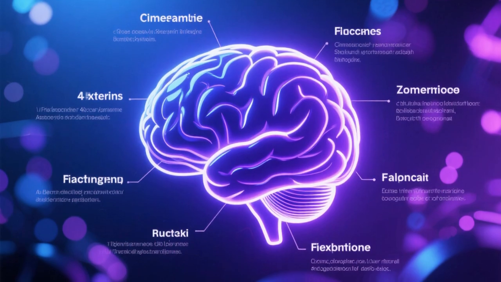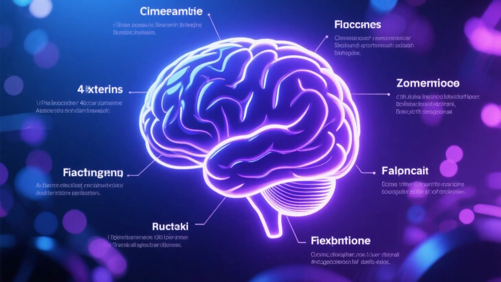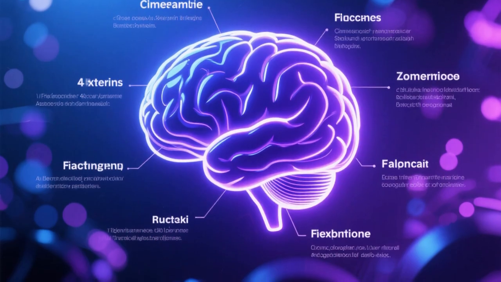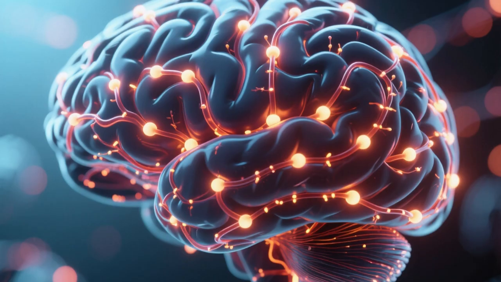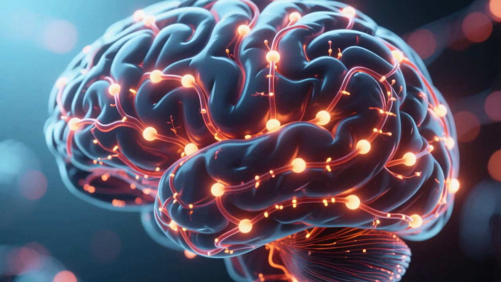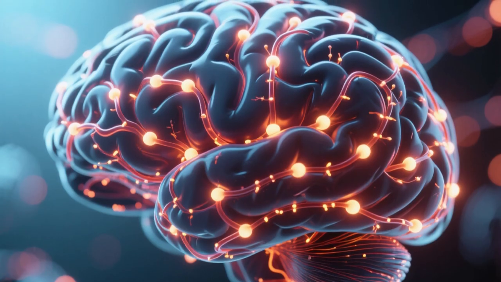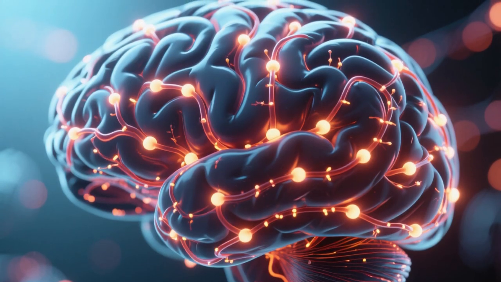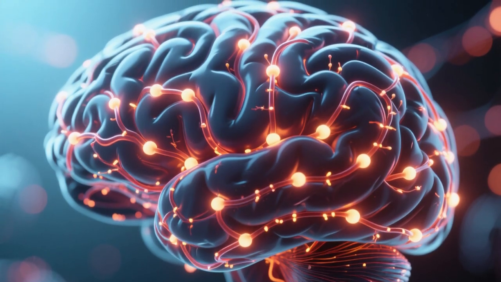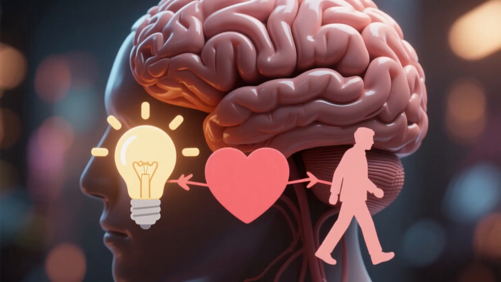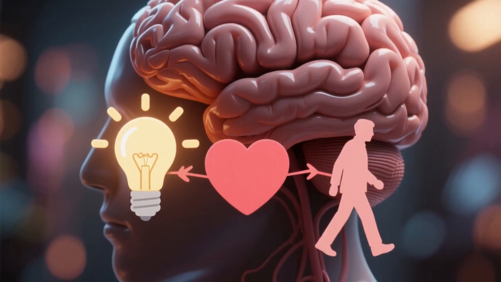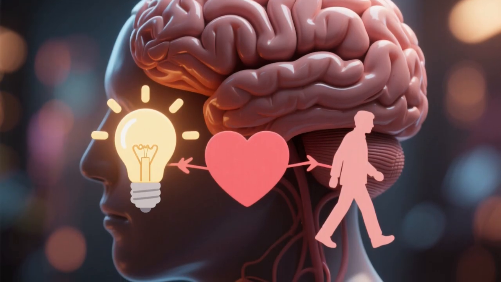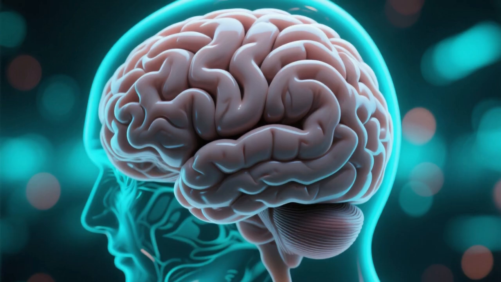As a bonus, here are some interesting facts about the brain that you might not know. The brain is the most complex organ in the human body, containing billions of neurons and trillions of synapses. It is responsible for controlling our thoughts, emotions, and behaviors.